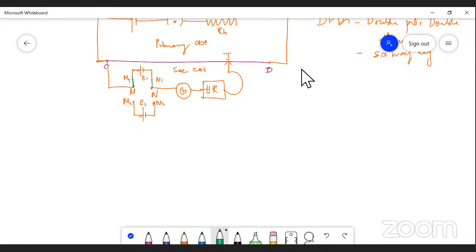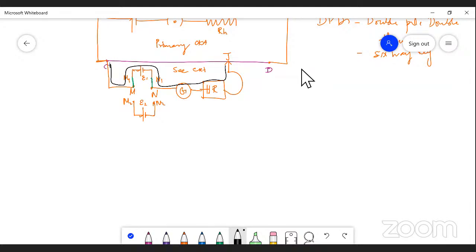If you look at the diagram, a current flow will take place, and the circuit connection has been made like this. See, this is how the circuit will be completed. Only one cell is included, and another cell is excluded here. Now the key is put over the terminals M1 and N1, so that the cell of EMF E1 is included in the secondary circuit, and the cell of EMF E2 is excluded.